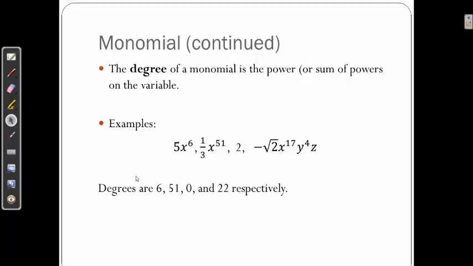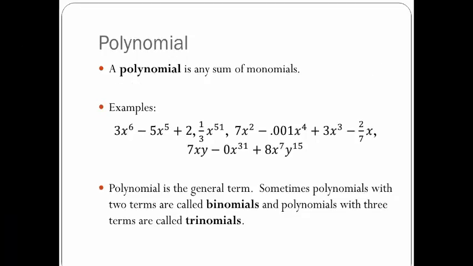From monomials, we build the larger class, polynomials. A polynomial is any sum of monomials. So a monomial would technically be a polynomial. It's just the sum of one term, so it's not that exciting.